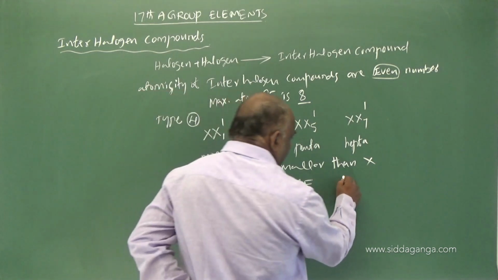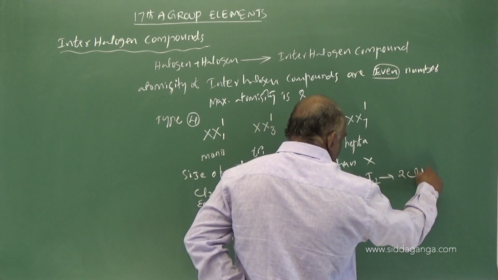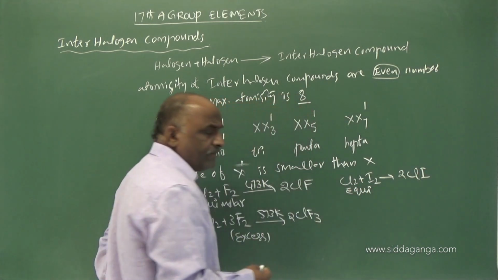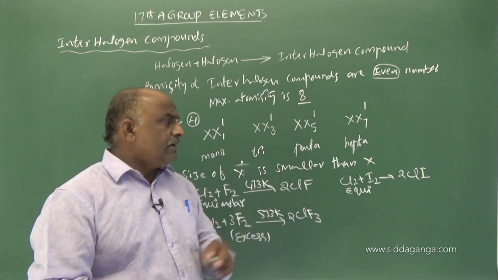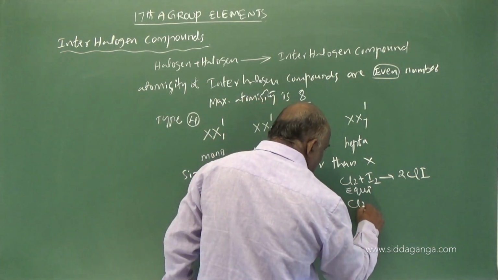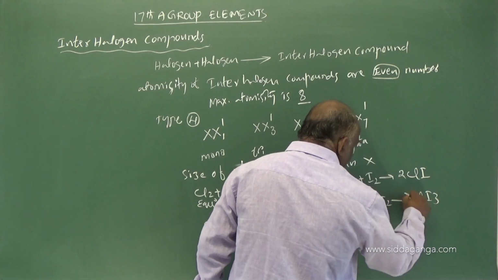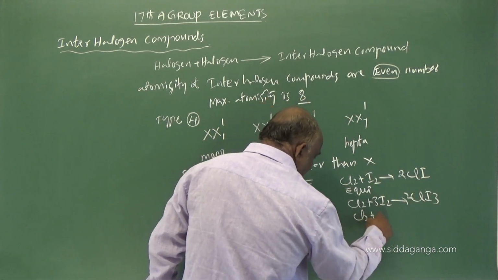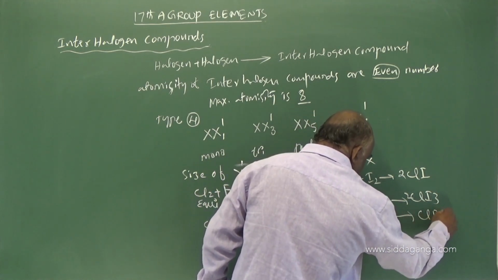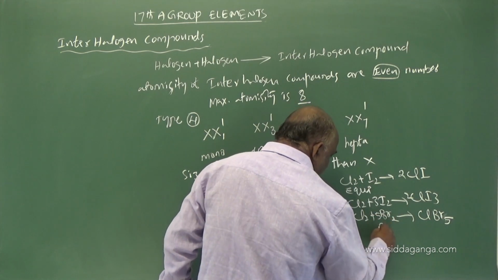Suppose Cl2 plus I2 gives rise to 2ClI, equimolar. Here no need to add temperature. And next, Cl2 plus 3I2 gives rise to ClI3, or Cl2 plus 5Br2 gives rise to ClBr5. Here you should take excess.